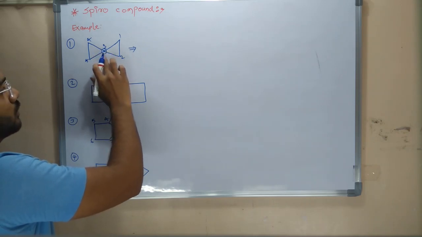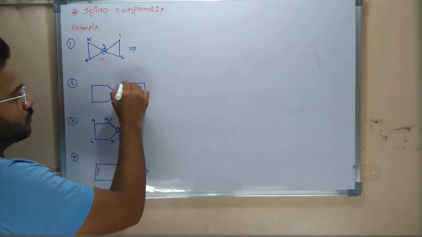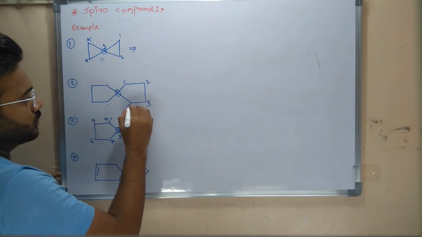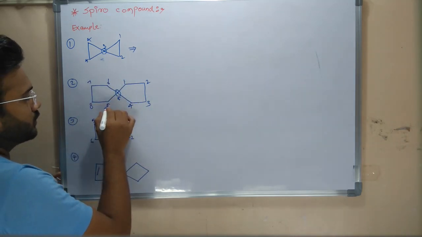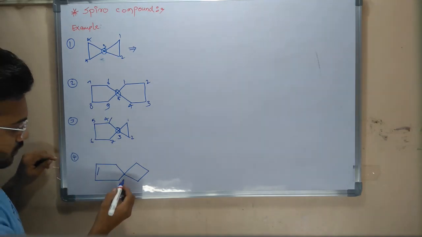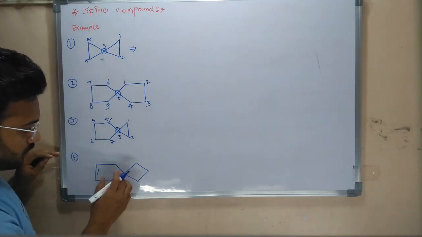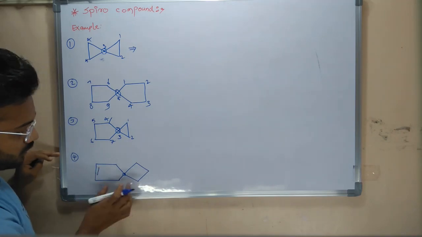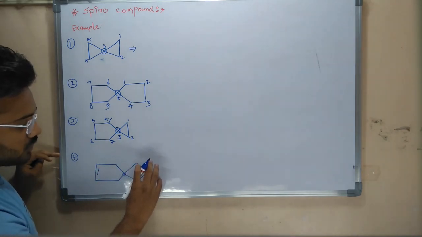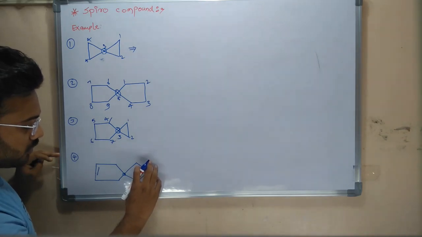In this compound, 1, 2, 3, 4, 5, 6, 7, 8, 9, and in these compounds the number of carbon atoms is 1, 2, 3 and 1, 2, 3, 4. In this compound there are 3 carbons, that's why this is the smaller ring, and the numbering should start in the small ring.